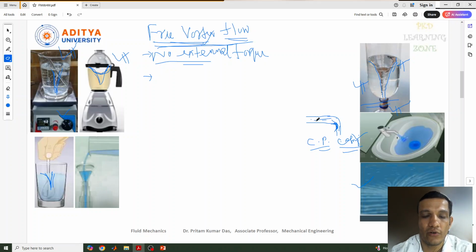And for this also, as we know, there is a relation between velocity and radius in the free vortex flow. This is obtained by putting the external torque equal to 0. The external torque here is equal to 0, or you can say the time rate of change of angular momentum must also be 0.